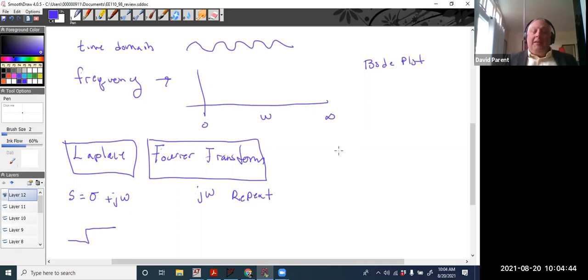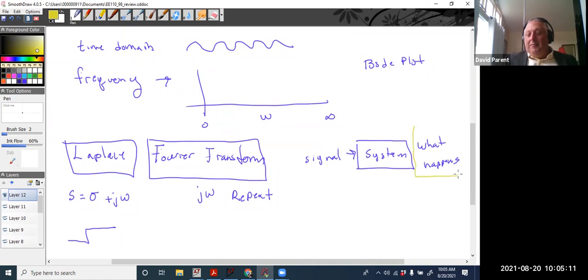How are we going to manipulate the signals in this class? Mostly via circuits, although a big part of what we do is we put a signal into a system. What happens? Of course, sometimes we want something to happen to a particular signal, so you have to design the system.